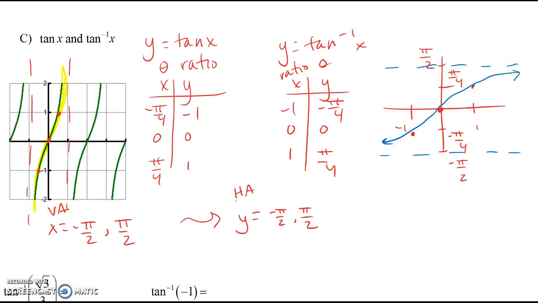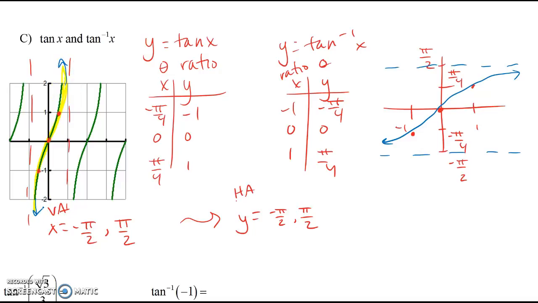Now, a couple things that we need to recognize. On our sine and cosine graph, those graphs had points. They did not have arrows on the end because it was a fixed area that was stopped, because the ratio values went from negative 1 to 1, not bigger, not smaller, so those lines did not continue. With tangent, the ratio values, if we look at our original graph, they go up to positive infinity and down to negative infinity.